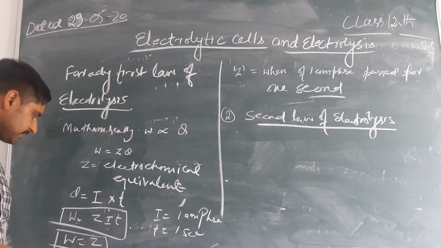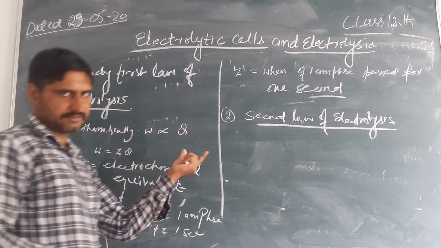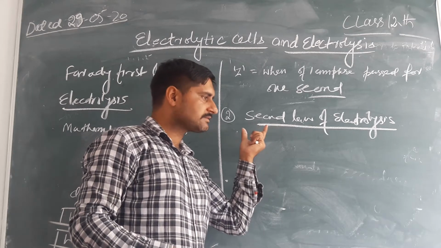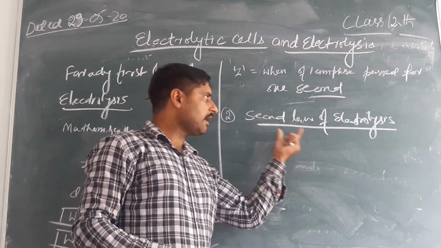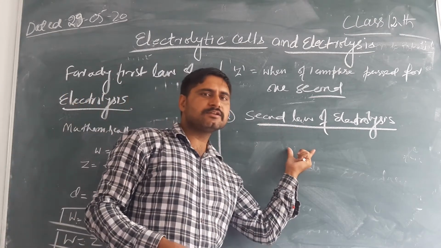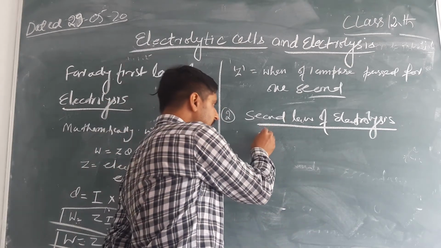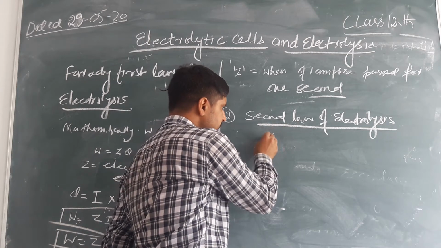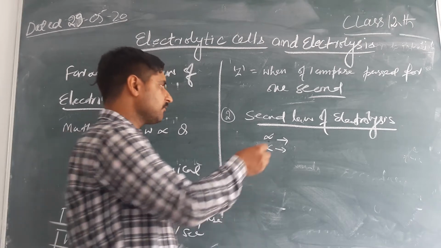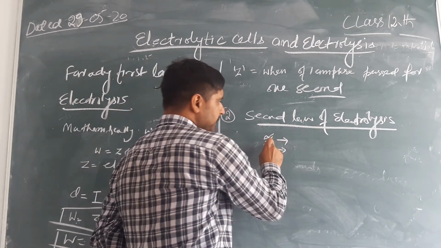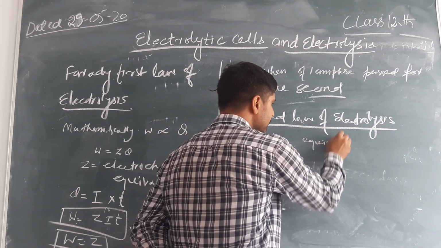This law tells that when the same quantity of charge flows through different electrolytic solutions, the amount of substance liberated by each solution is directly proportional to their equivalent weights.